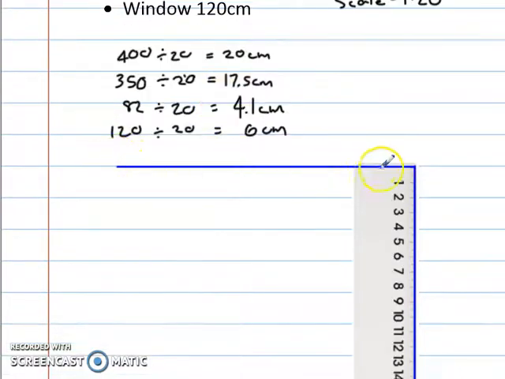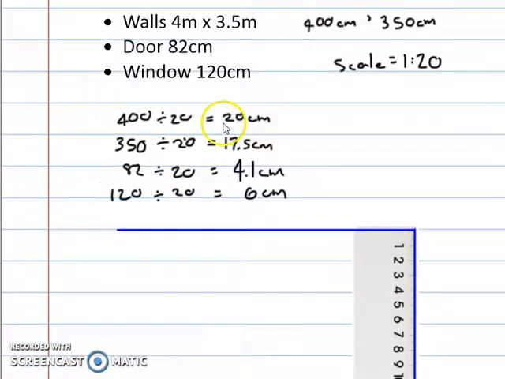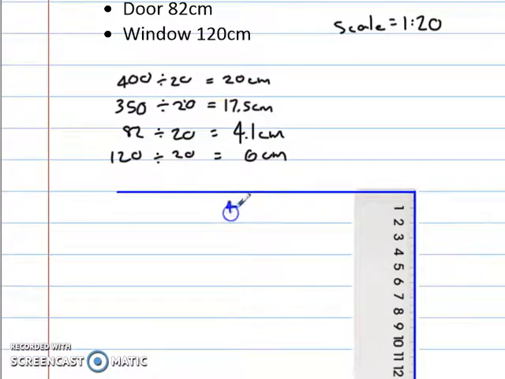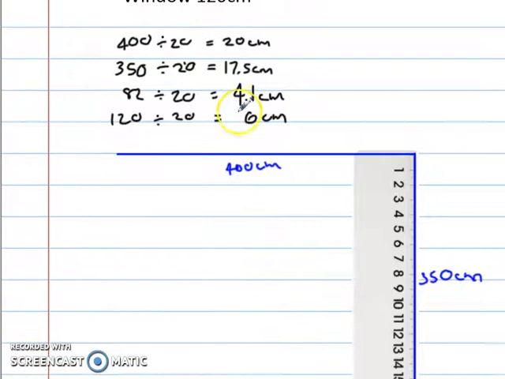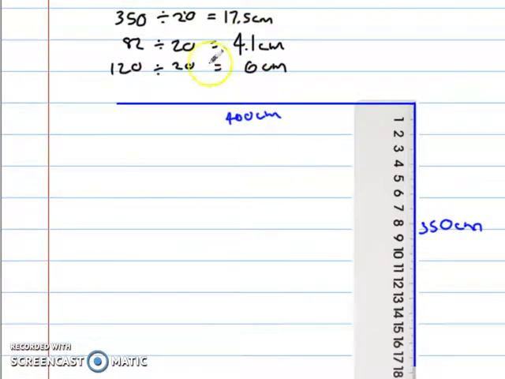Even though this is 20 centimeters long on the paper, I'm going to write 400 centimeters, or 4 meters, and this one here on the right is on the piece of paper 17.5 centimeters, but in real life it's 350 centimeters. So when we talk about drawing it to scale, we've actually got to use these measurements here when we draw it. Now what we've got to do is get 2 more walls.